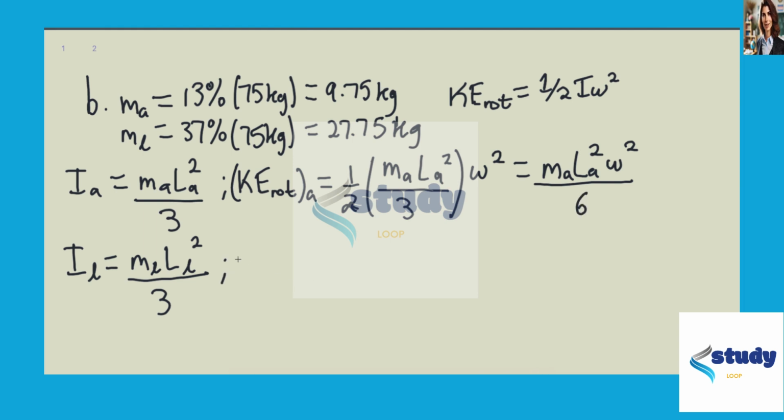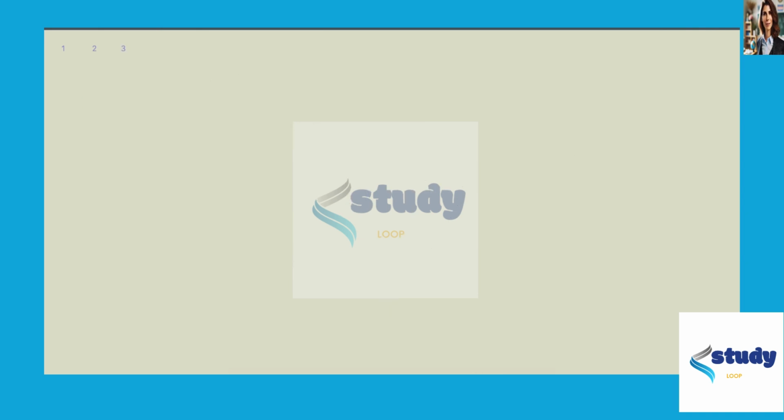We can then say that the rotational kinetic energy of the legs is going to be the exact same thing: mass of the legs, length of the legs squared, omega squared, all over 6. And at this point, we can say that the total rotational energy will be equal to the rotational kinetic energy of the arms plus the rotational kinetic energy of the legs.